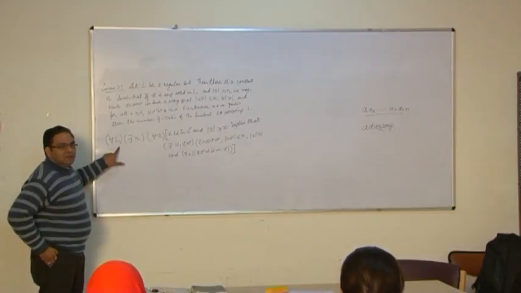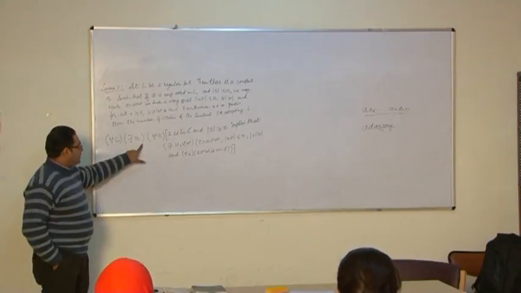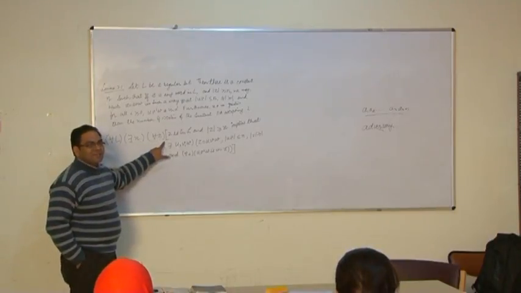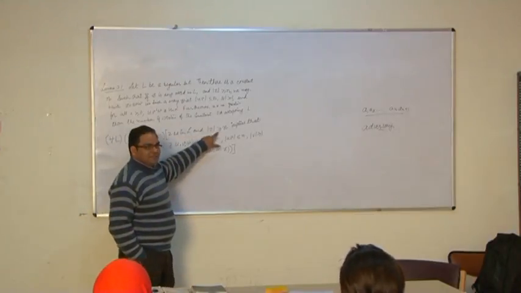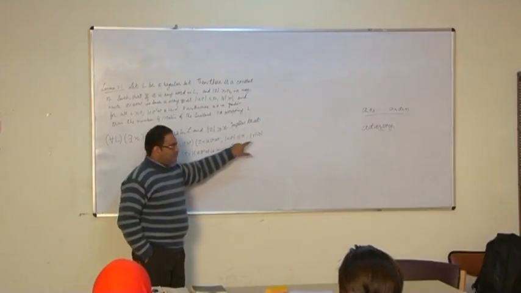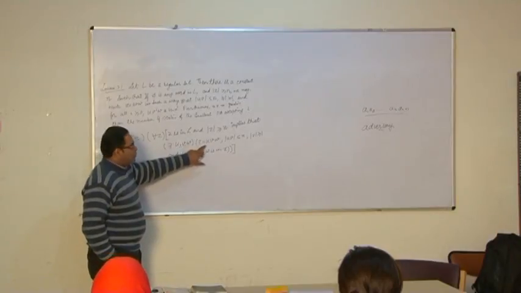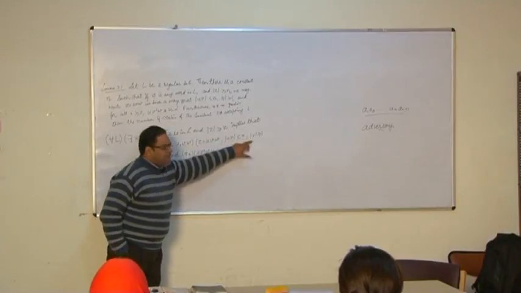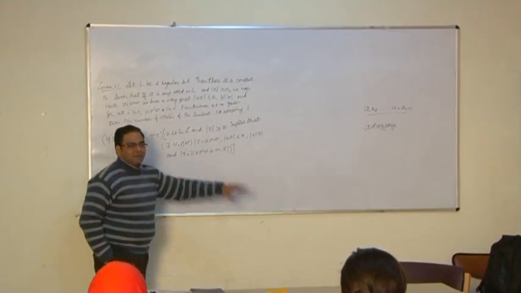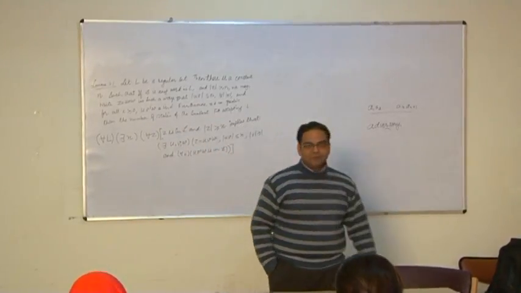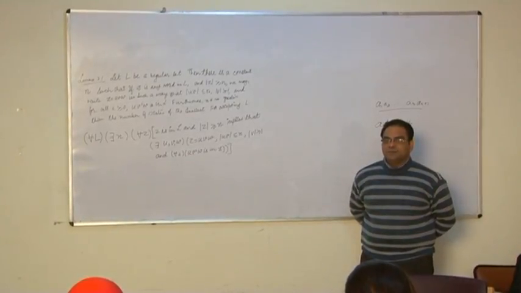For all languages capital L, there exists small n, for all strings Z, if Z is in the language L and the length of Z is greater than or equal to n, this implies that there exist u, v, w such that we have broken Z into three parts based on this condition, and for all i, u v^i w is in L. So this is the formula. Any doubt in it?